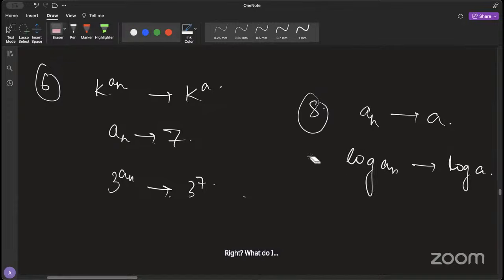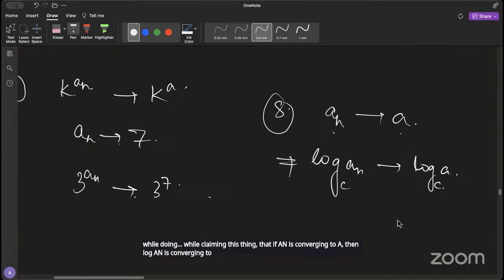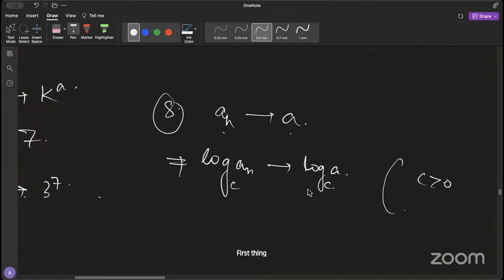What conditions do I need to make sure that my log An, let's say the base is c. If I've chosen the base to be c, then what do I need to make sure while claiming that if An is converging to A, then log An is converging to log A? First thing is c, your base, should be greater than 0 and should not be equal to 1.